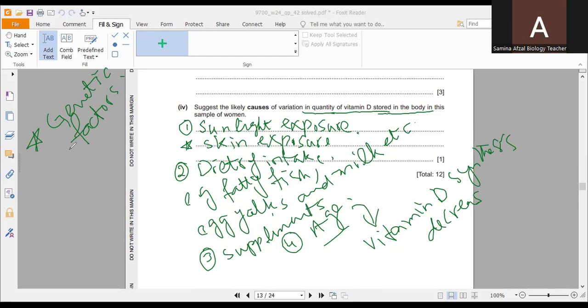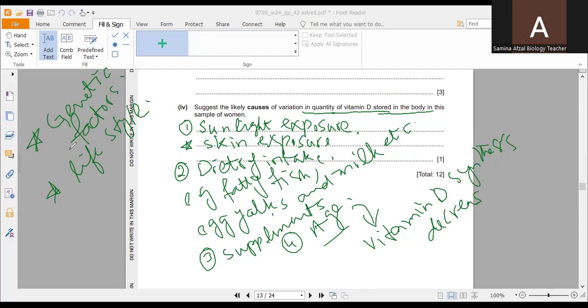The individual genetic variations can influence how efficiently the body synthesizes, absorbs, or metabolizes vitamin D, and then lifestyle factors. Lifestyle also acts as a factor. So in this way, we can say the specific causes of variations in the sample of the vitamin study would need to collect data on these variation factors and analyze their correlation with the measured vitamin D level.